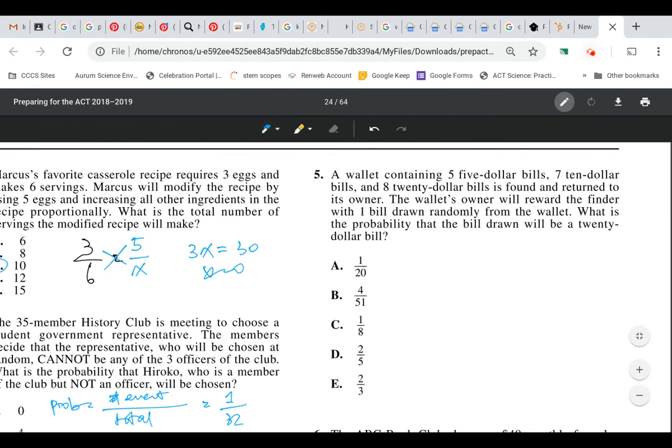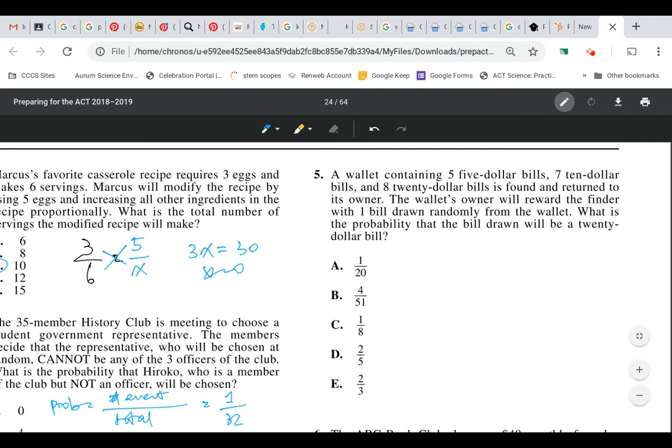All right, number 5. A wallet containing 5 $5 bills and 7 $10 bills and 8 $20 bills is found and returned to its owner. Okay, so in my head, I'm thinking probably you have to multiply the number, like $5 times the number.